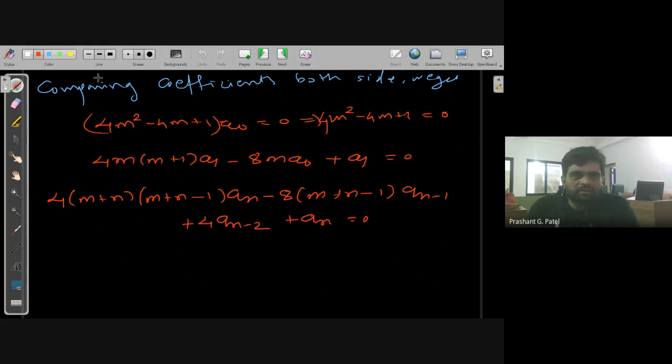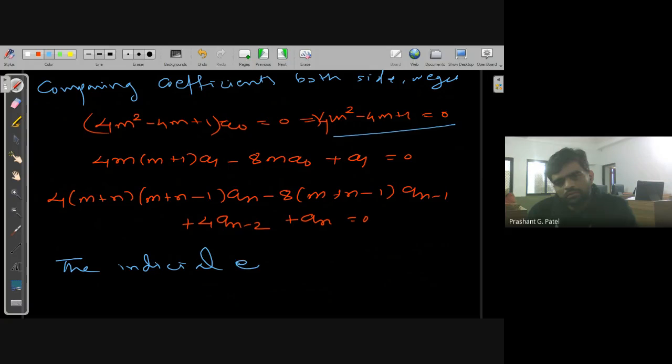And what is this? This is the indicial equation. So here the indicial equation is 4m square minus 4m plus 1 equal to 0.